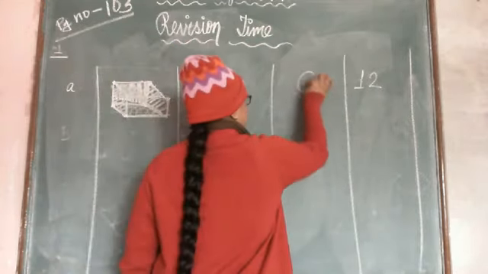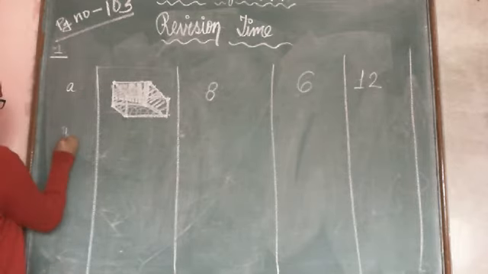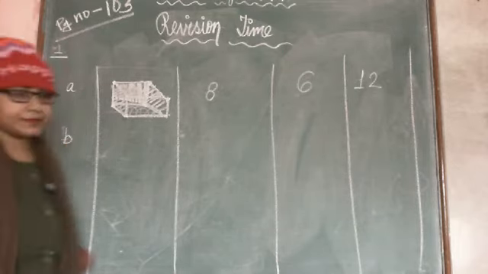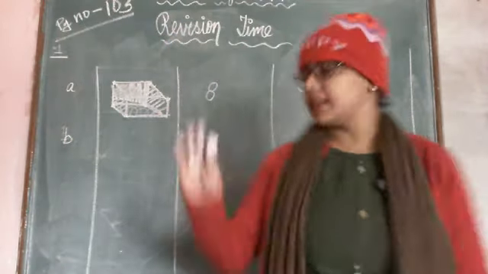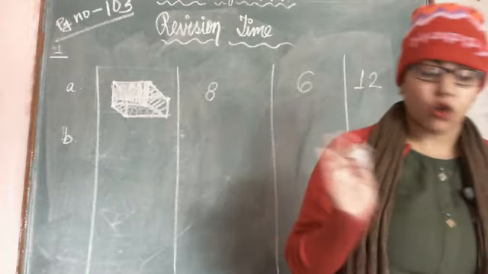There are 6 faces in a cuboid. So number of vertices are 8, number of faces are 6 and number of edges are 12. Now the next one. See student, first understand and then when I will stop, then write down or copy down.